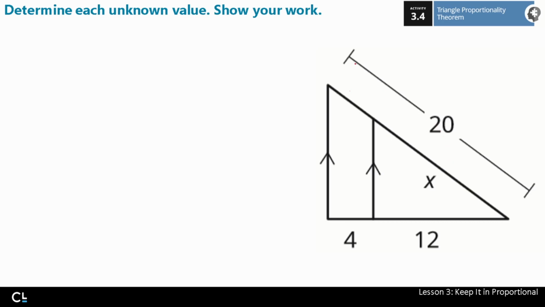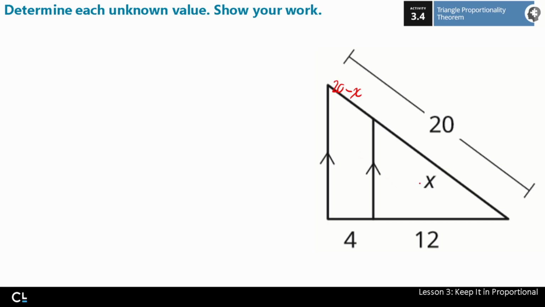So since we know this whole length, we could basically do what we did in the last one and say, hey, this chunk is whatever this whole thing is minus that bigger chunk, which is x. So this smaller chunk here is just 20 minus x.